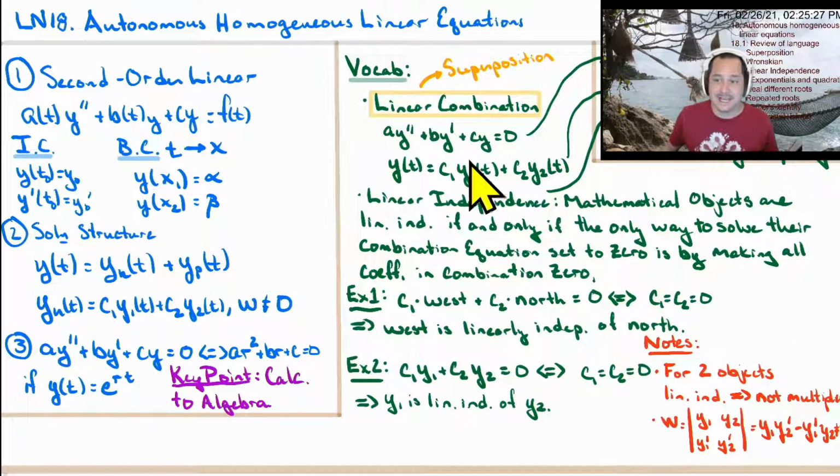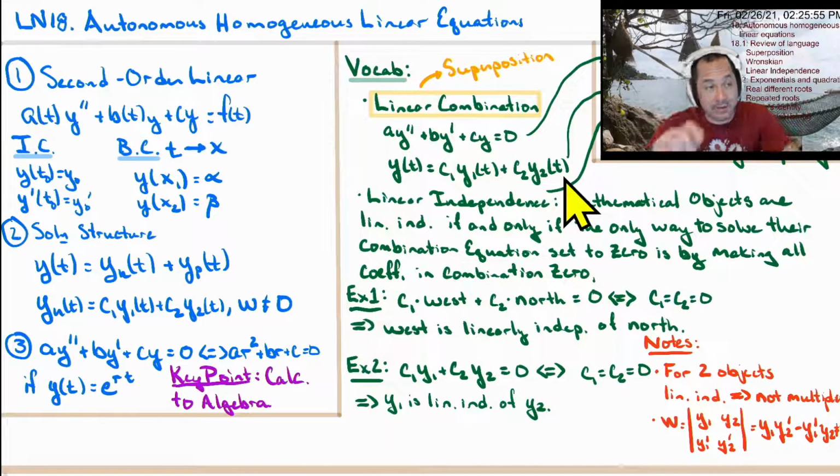It means to take the things in question, here it's y prime and y double prime, multiply them by constants, and add them together. You do this all the time. It's just that we've never really named it. Like when you write down the solution, C1 y1 plus C2 y2, or C1 cos plus C2 sine, which is what we did, we formed a linear combination. But when you did homogeneous plus particular, that was a linear combination as well.